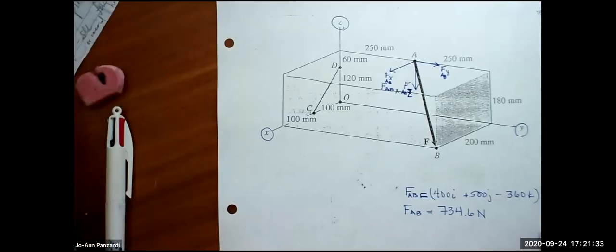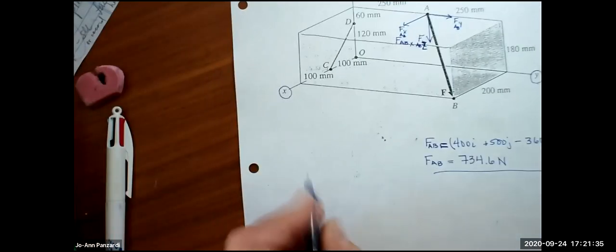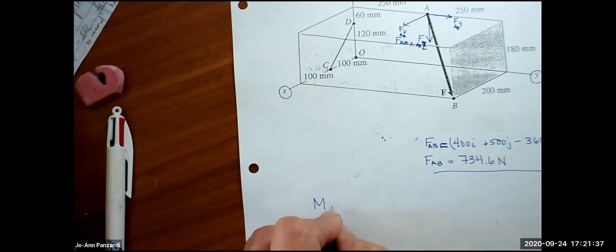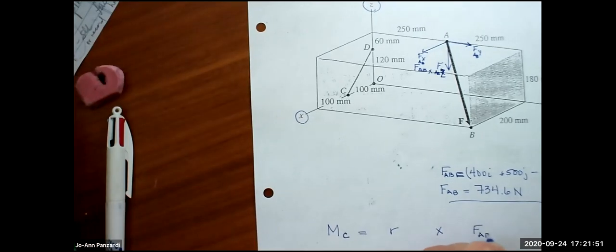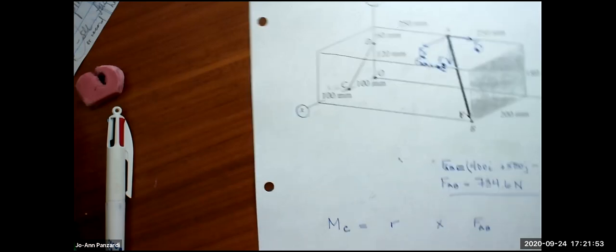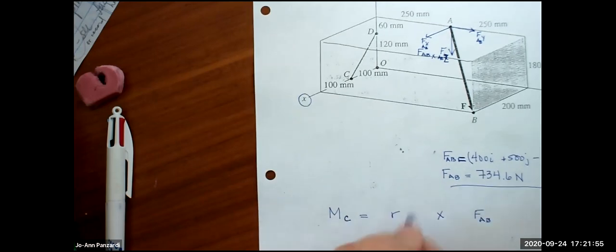Okay, so we have the force. The question is finding the moment about point C. So I want to find the moment about C. I have R cross F, and I already know F goes from A to B. So where does R go from and to?